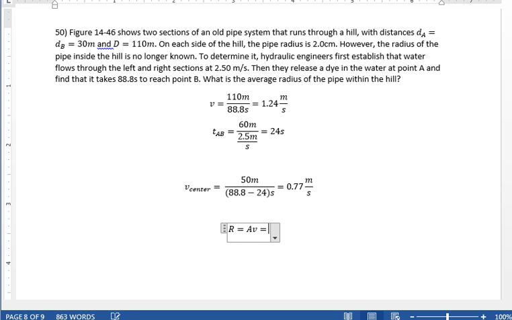So on one side it's pi r squared, I'll do RA squared, times VA, right? And then in the middle it has to be pi r center squared times V center. Now we have everything here.